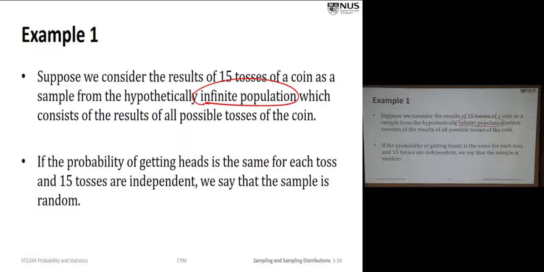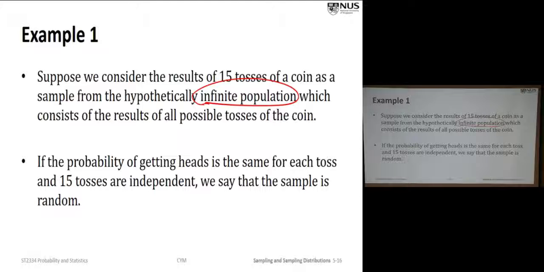All right? So in other words, what I'm trying to say is that we have this random sample, in this case, 15 of them. So I can consider I have 15 random variables. The first random variable, I call it x1, represents the outcome of the first toss out of these 15 tosses. All right?